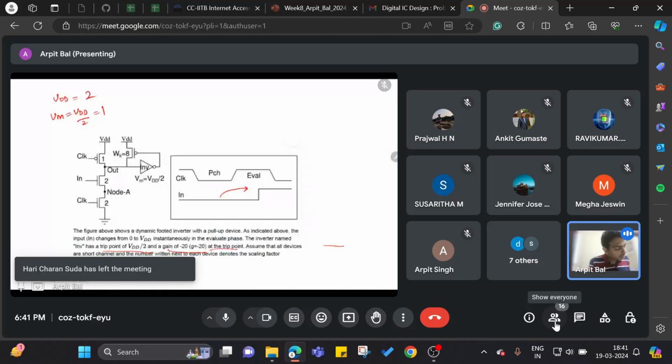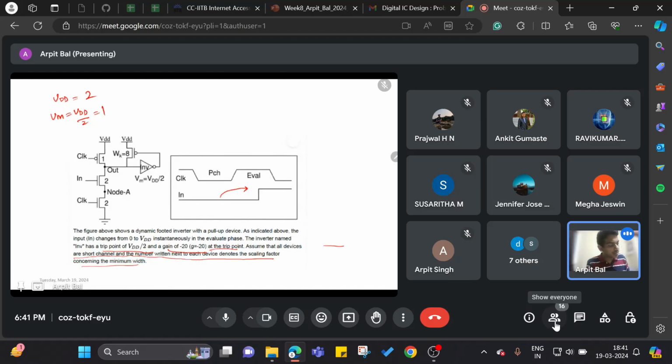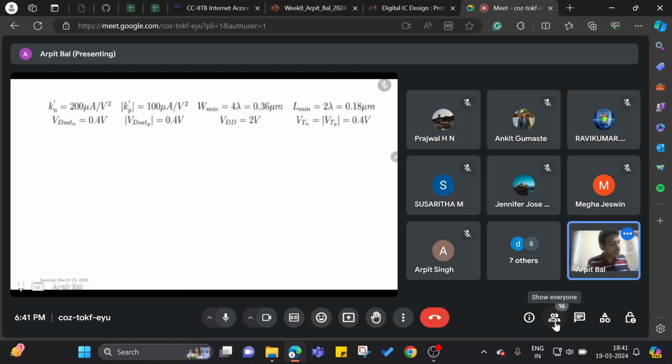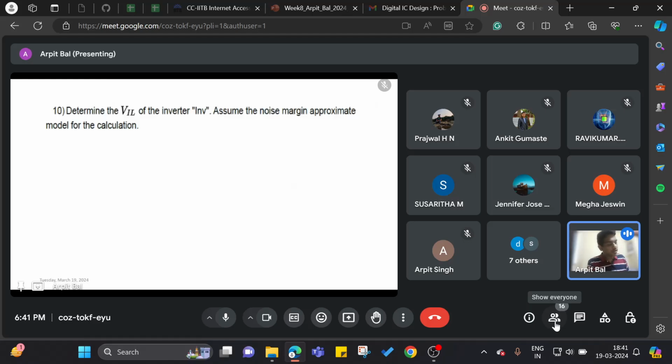Assume that all devices are short channel and the number written next to each device denotes the scaling factor with respect to the minimum width. Okay, so determine the VIL of the inverter INV. Assume the noise margin approximate model for the calculation. So this is like repeating week 5's question, I guess.